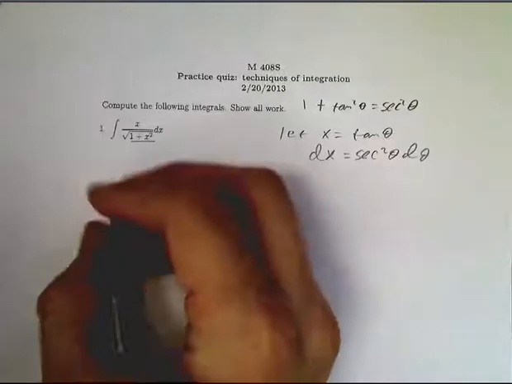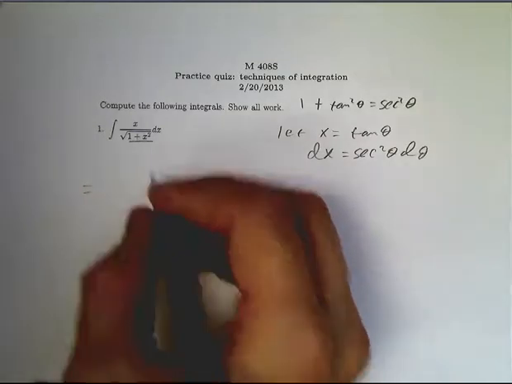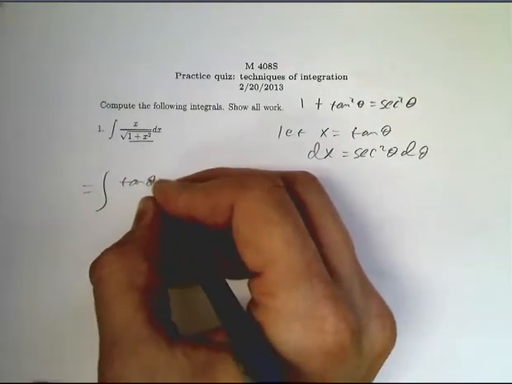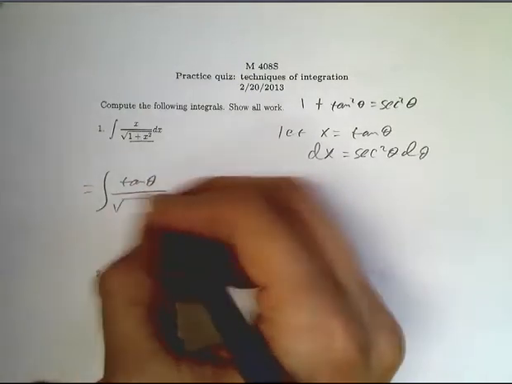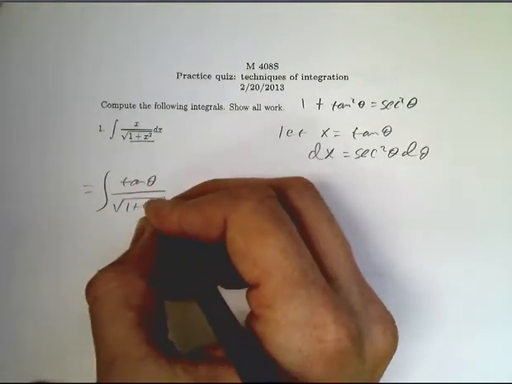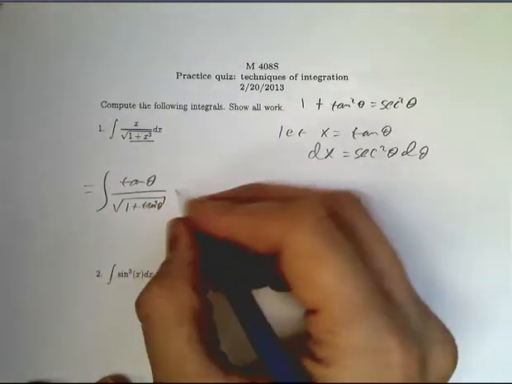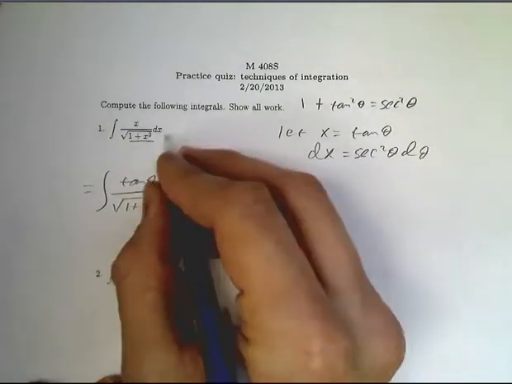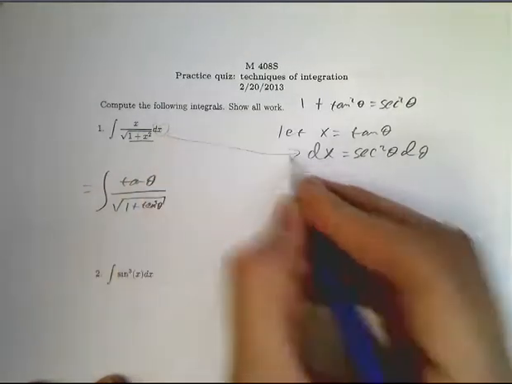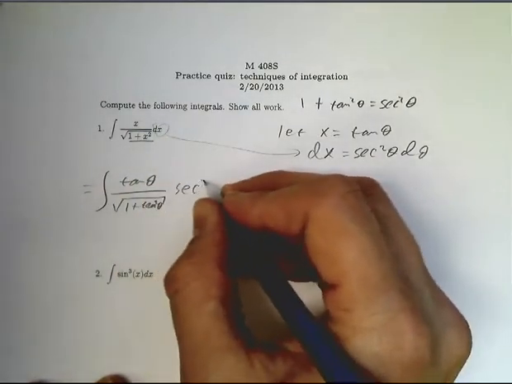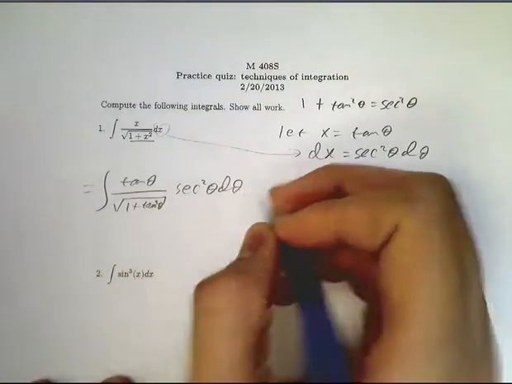All right. Then I have tan theta over square root of 1 plus tan squared theta. My dx, I have it right here, secant squared theta d theta.